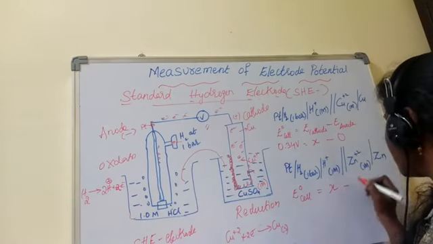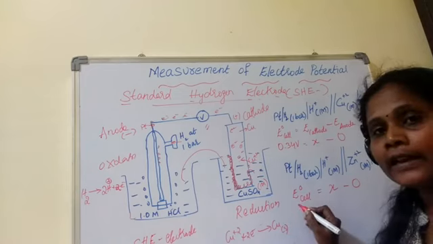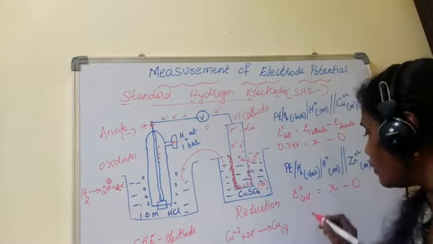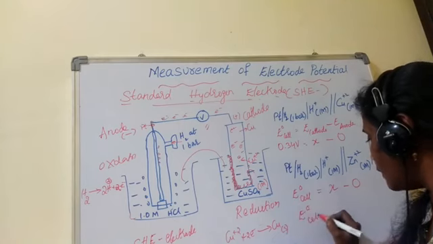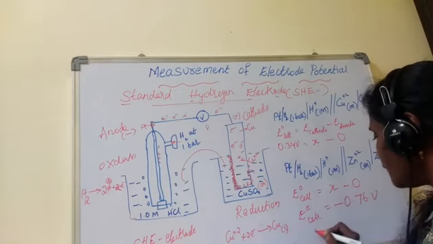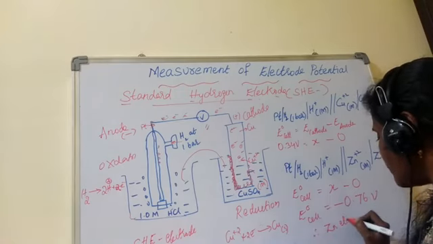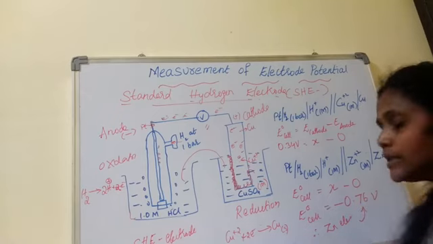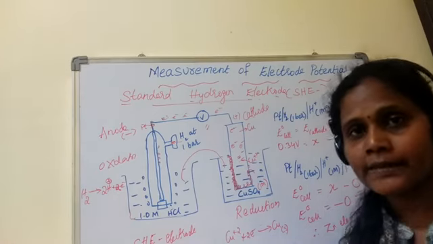Then minus 0. So whatever E cell I get will be my zinc electrode potential. Here I got the E naught cell value as minus 0.76 volt. Therefore, my zinc reduction potential value is minus 0.76.